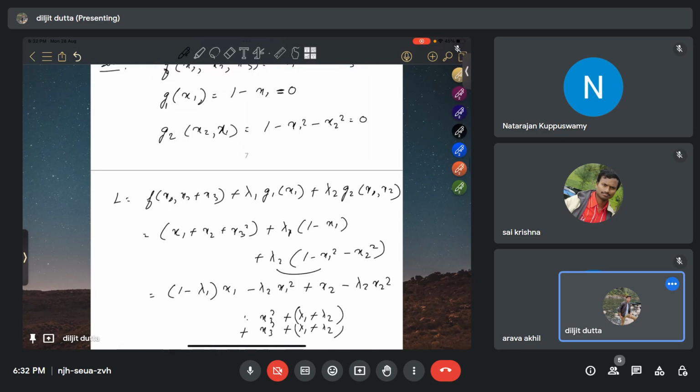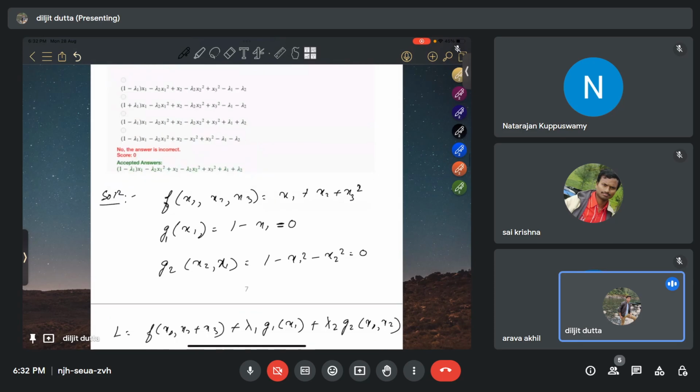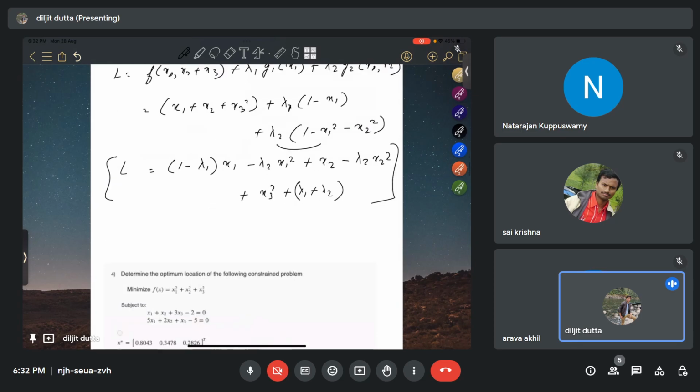So this is the Lagrangian that we are getting, and I think this is the correct option. Now we can solve this. We have to take the differentiation with respect to all the four terms.